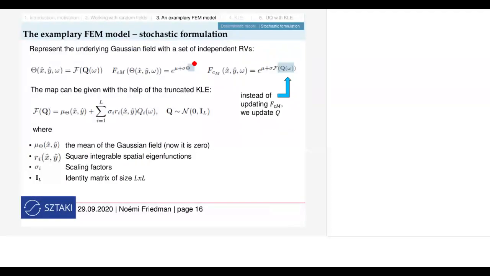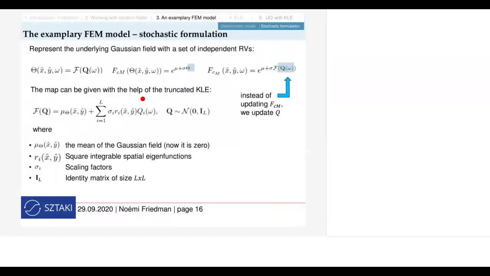It depends on the spatial variables and it depends on the actual realization. So what I will do, I will use the so-called Karhunen-Loève expansion to map these theta values to a set of independent random variables. And this I can do with the so-called Karhunen-Loève expansion.